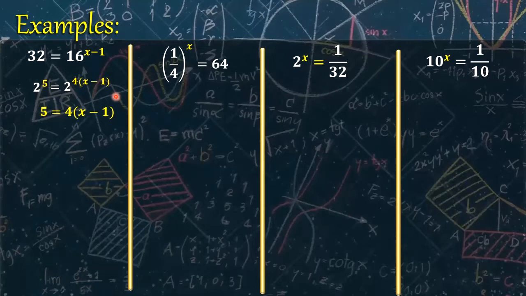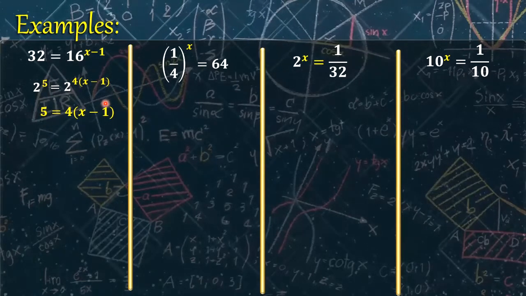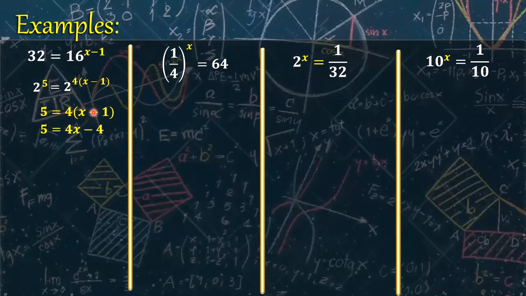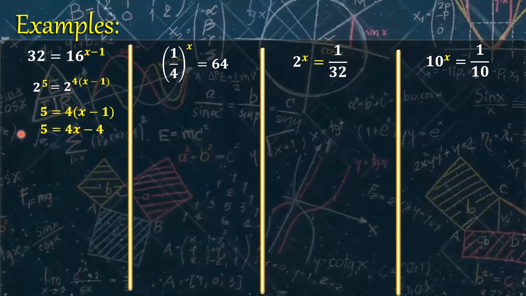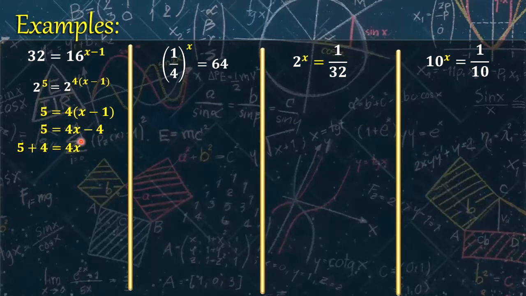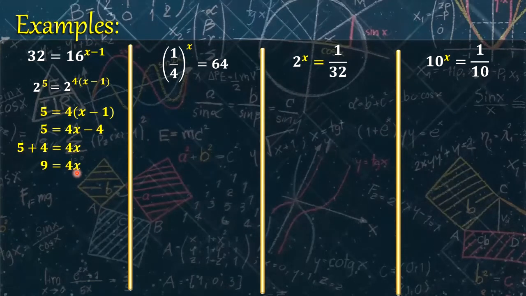We have 5 equals 4 times x minus 1. Simplify the right side of the equation. We have here 4 times x is 4x. 4 times negative 1 is negative 4. Transpose negative 4, the constant, on the left side. So that becomes 5 plus 4 equals 4x. 5 plus 4 is 9 equals 4x.